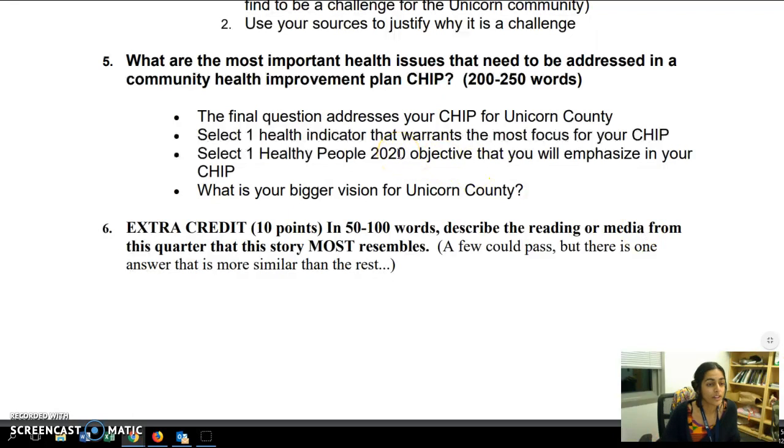And then what are the most important health issues that need to be addressed in a community health improvement plan? So in Module 5, we had a CHIP PowerPoint, and they showed you some of the health improvement plans that were in place in Pierce County to address the concerns like social isolation that were found in the Tacoma Pierce County Needs Assessment.